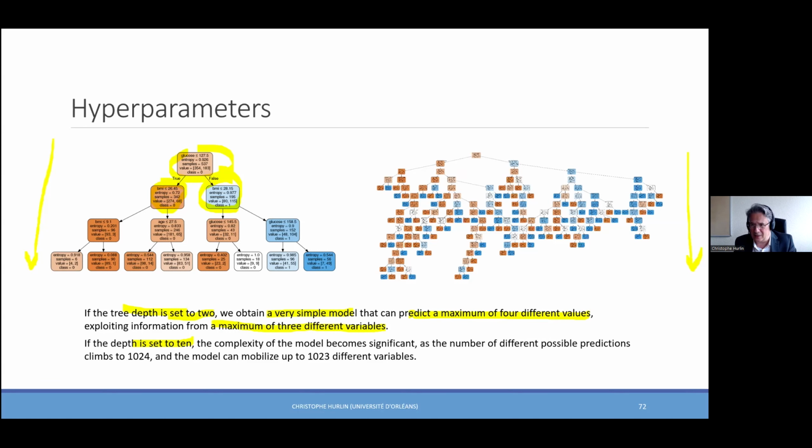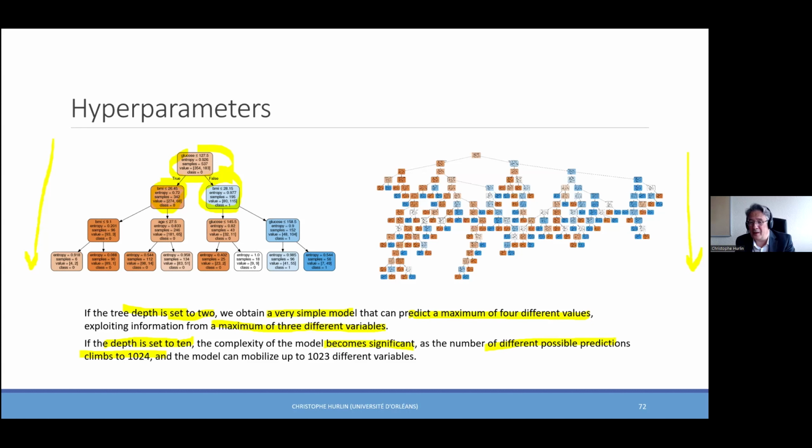If I increase the depth to 10, the complexity of the model becomes very different because the number of possible predictions climbs to 1024. So the forecast of Y can take 1024 different values.